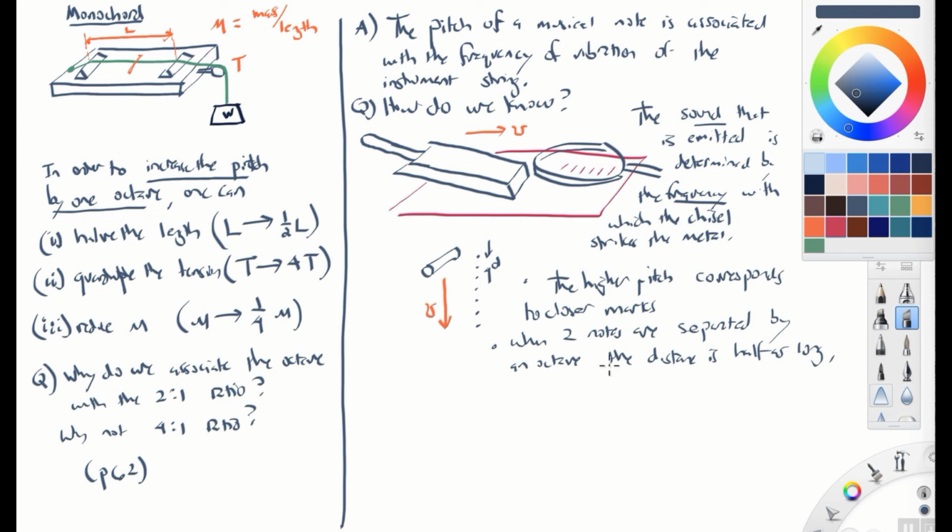So the frequency of the strikes of the chalk against the board is twice as high. That's the point. And this is exactly what Galileo is pointing out on page 64.